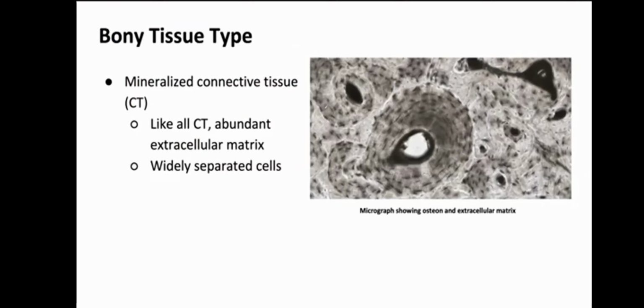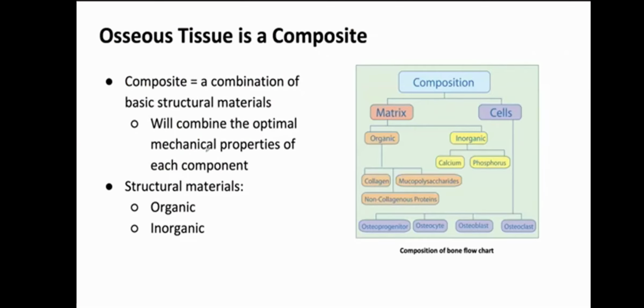So bone is a connective tissue with abundant extracellular matrix and widely separated cells. So bone tissue is a composite, a combination of organic and inorganic forms, isn't it?